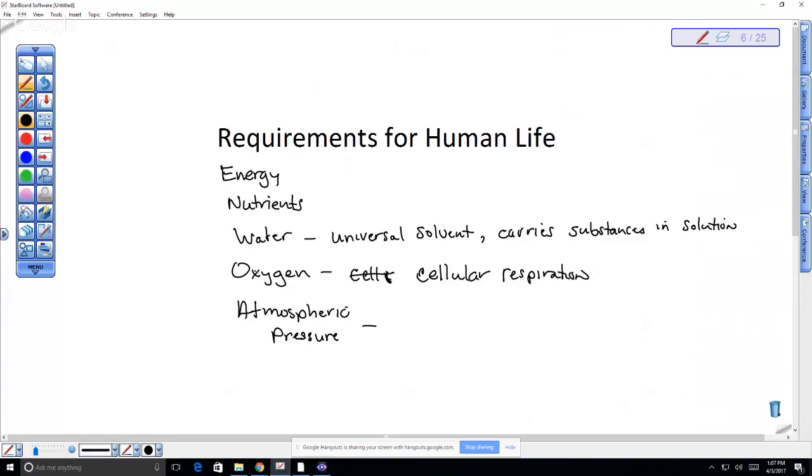At sea level and standard conditions, it's about 760 millimeters of mercury. What that means is, if you were going to exert it on a standard column of mercury, that's where the mercury would end up. Right? If you have more pressure, it makes the column smaller. If you have lesser pressure, it would make the column bigger. Okay? So atmospheric pressure is actually really important for respiration.